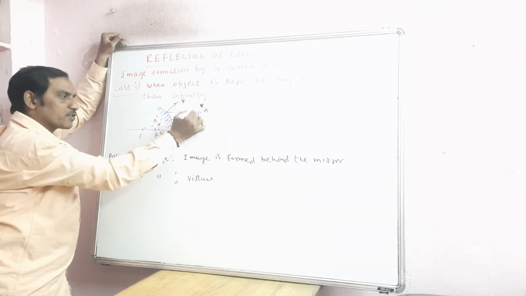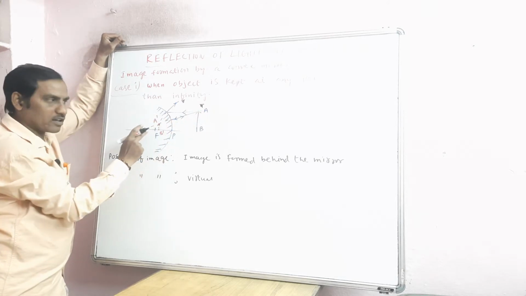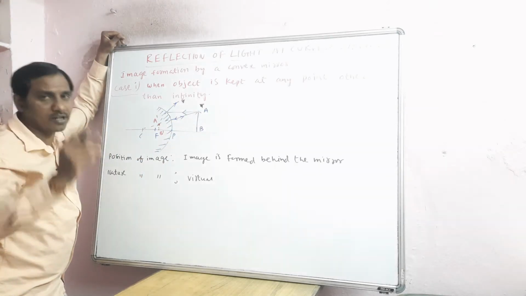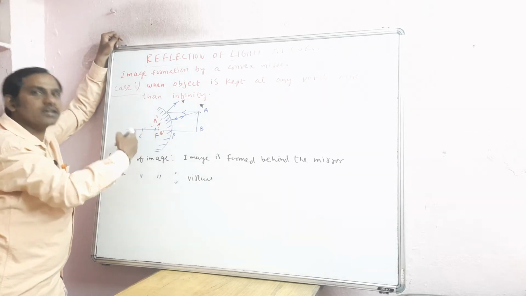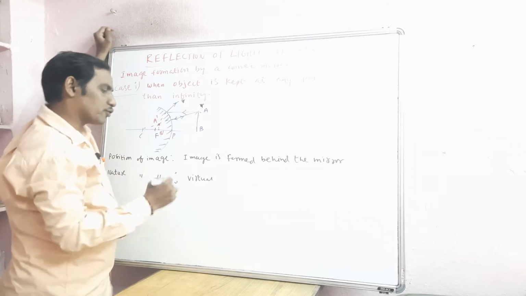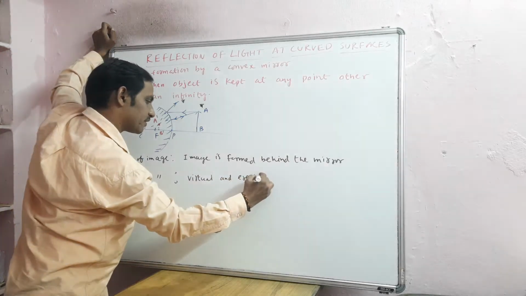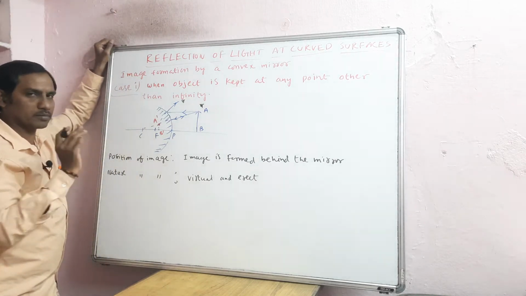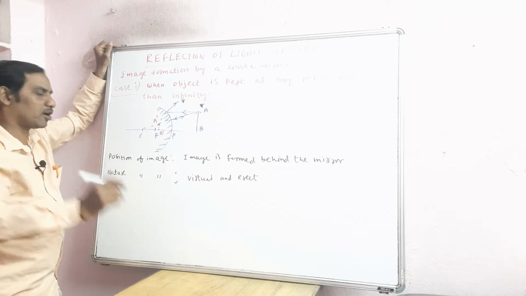For him it will appear as if the light rays are coming from here. The light rays are not really coming, they only appear to come from there, not really traveling there. That is the reason we say it is a virtual and direct image. Already I said, whenever you are using only one mirror or one lens, virtual will be always upright and real will be always inverted.